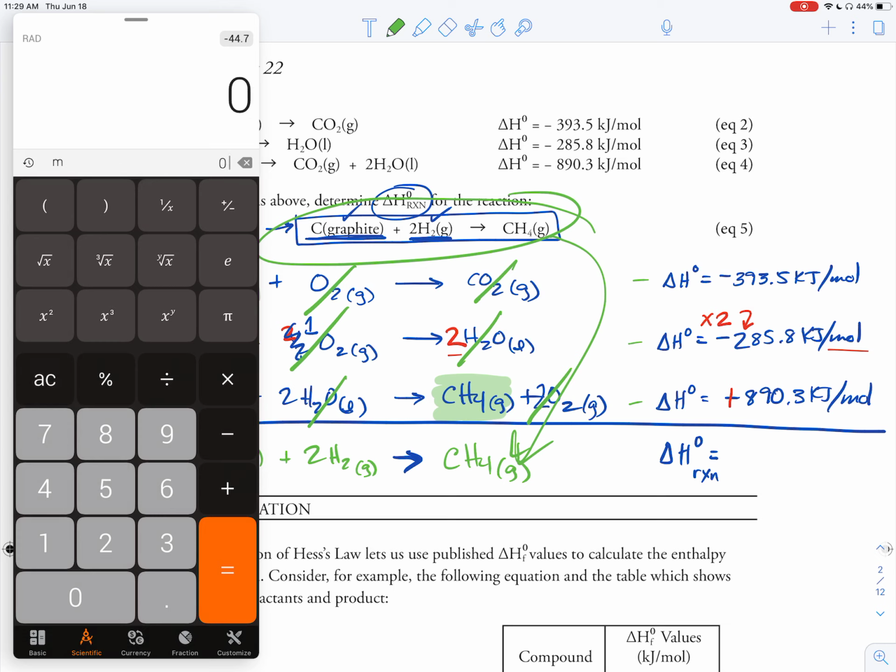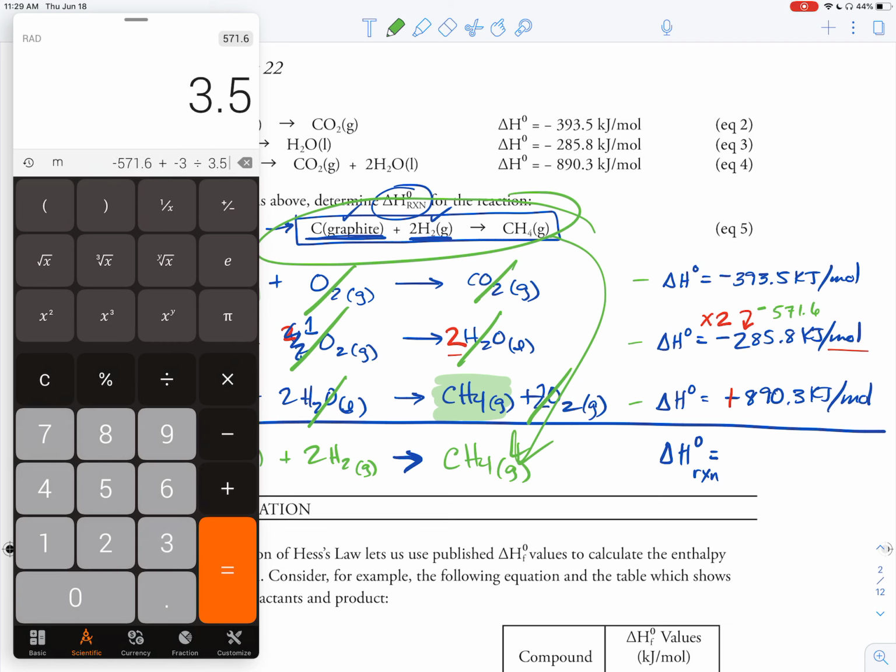Let's do that in a different way. Let's do our 285.8 times 2 equals 571.6. That should be negative, okay? So I'm going to make that negative, and then I'm going to add that to my now negative 393.5.